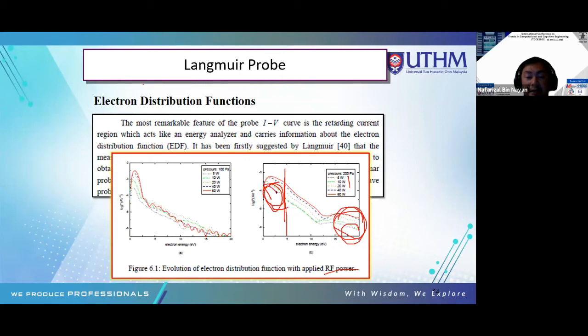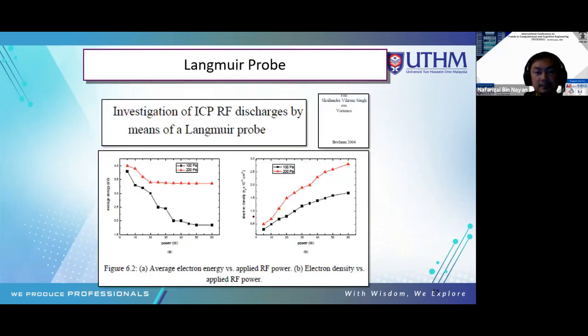The electrons with a low energy are high in terms of numbers, but the electrons with a high energy are much lower, maybe like 2 orders of magnitude, because this is a log scale graph. So this is how we can get and understand the result from the Langmuir probe analysis.